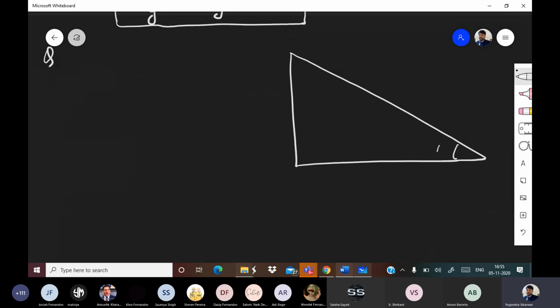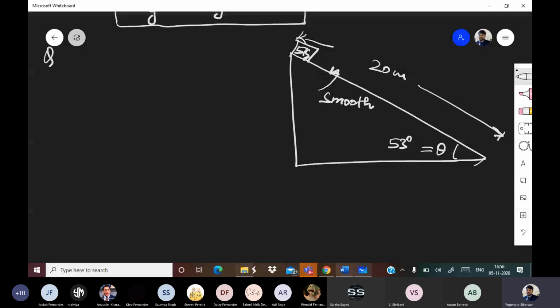So this is theta equal to 53 degrees. This is 20 meters and this is 5 kg. This is smooth.